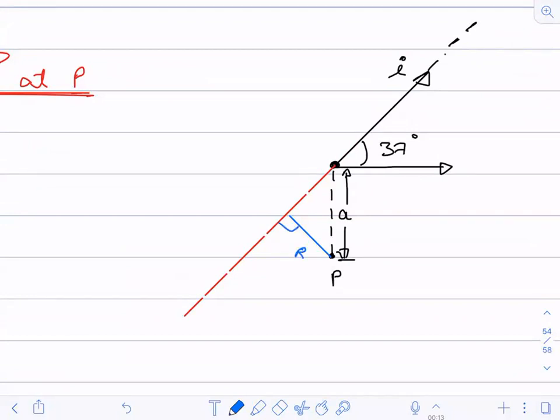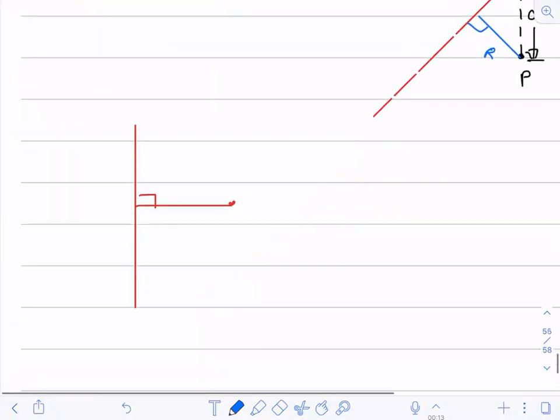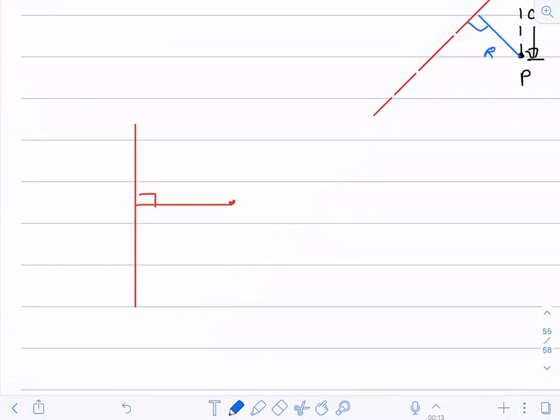Now, what is the second thing we were doing? One end of the wire is here and another end of the wire is here. You are drawing a line from this end to this point and from the other end to this point.